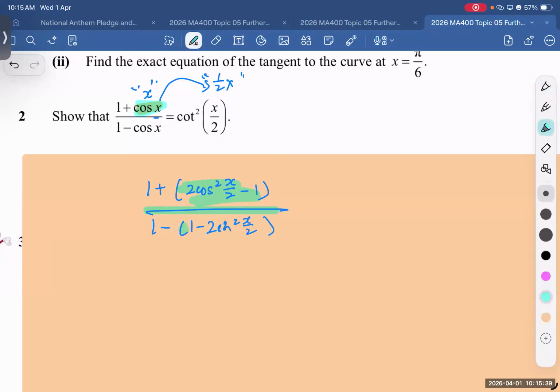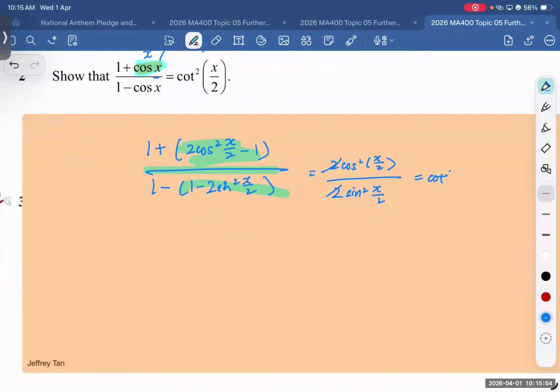This will get rid of another 1. This ends you up with 2 cos square x over 2 over 2 sine square x over 2. Cancel off 2 from top and bottom, and you are left with none other than cotangent square. Easy game. I saw most of you can do it very quickly.